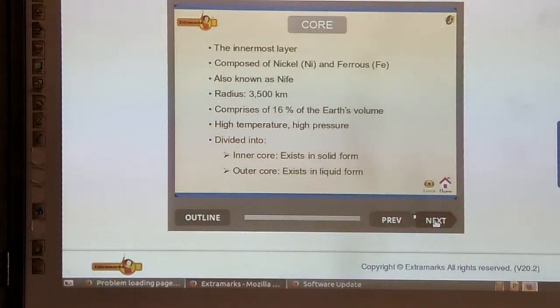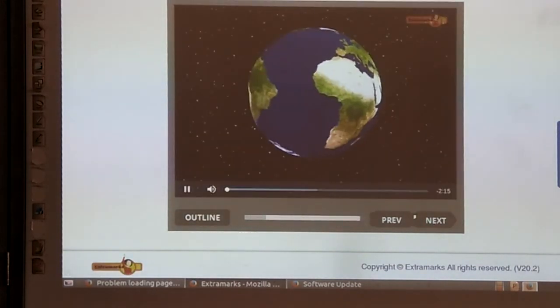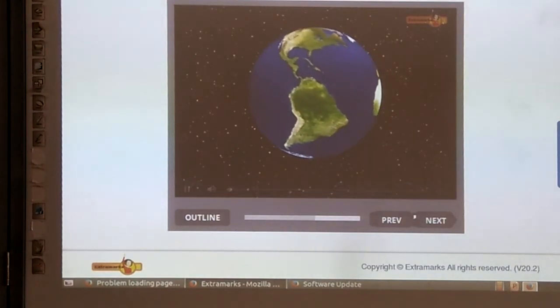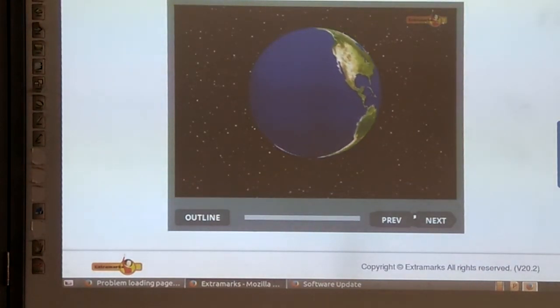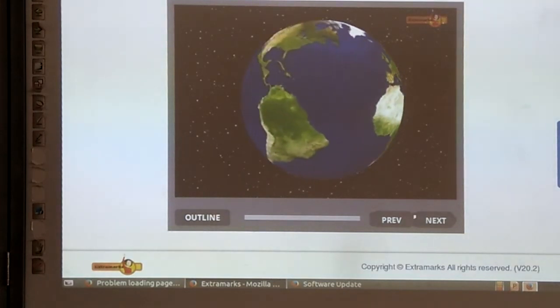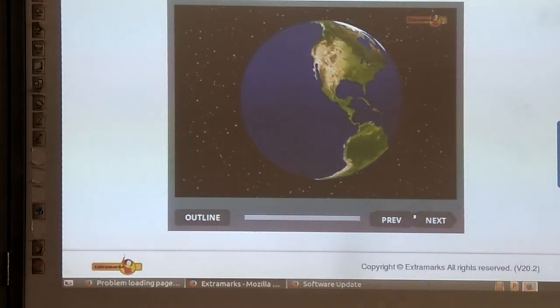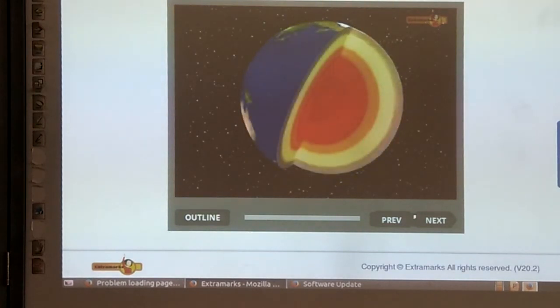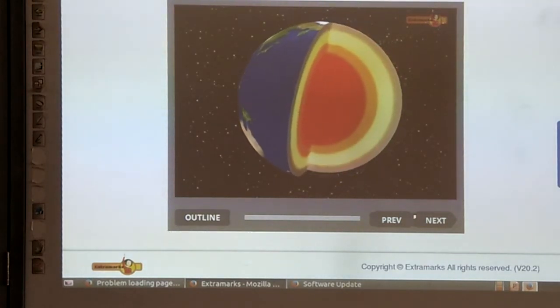Let's watch this animation for better understanding of the layers of the Earth. The Earth's radius is about 4,000 miles or 6,400 kilometers. The main layers of its interior are the crust, mantle, and core.